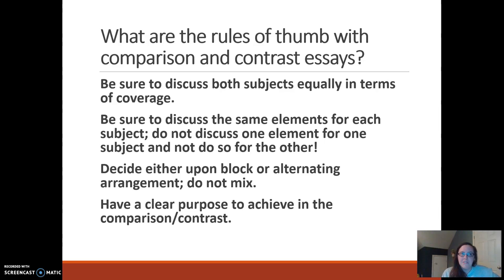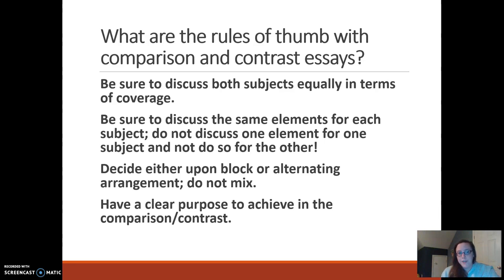It's easy to do that if you're thinking of such similar items as cars, but if you have an essay where maybe you don't have 3 specific points for each one, it'd be okay to address 3 points for one subject and 2 points for the other. What you don't want to do is talk about 6 points for one subject and only 2 points for another. You want to try to have as much of a balance as possible.